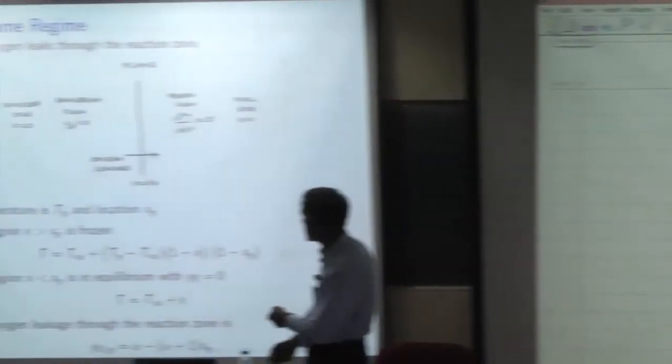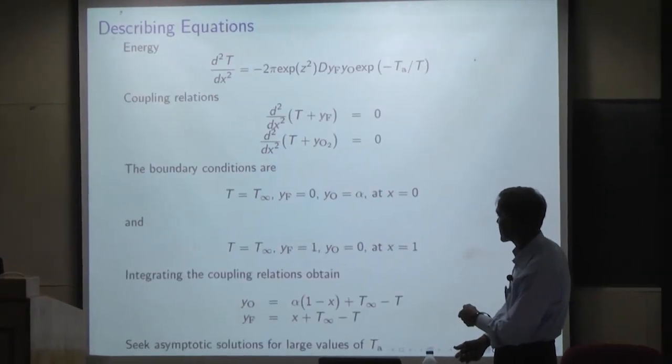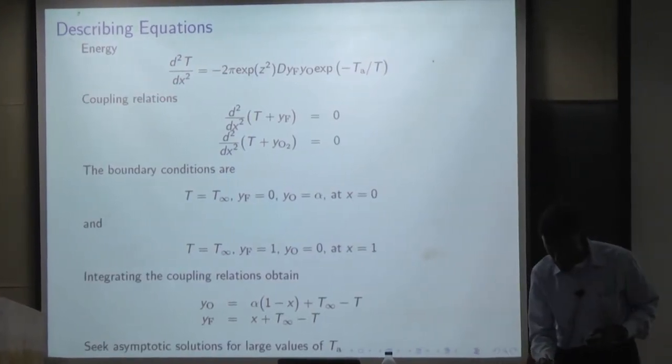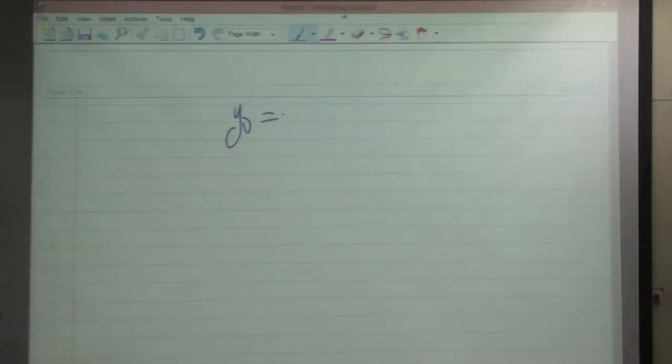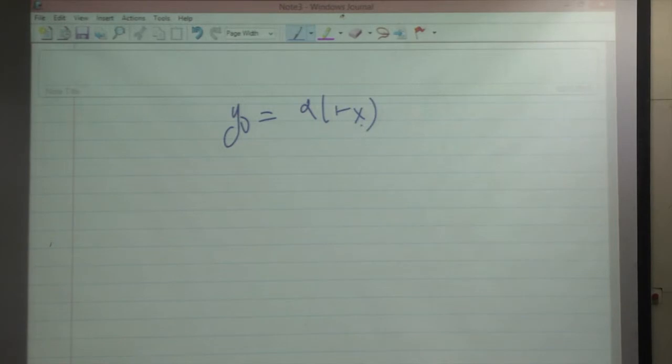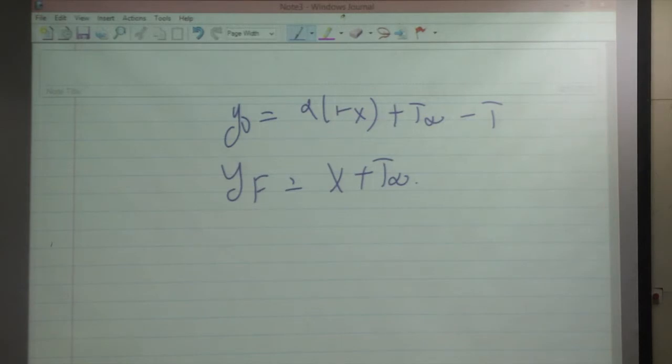Maybe I can just go to another page. If you look at the coupling functions, you can see that Y_O is given by alpha times (1 minus X) plus T infinity minus T, and Y_F is given by X plus T infinity minus T. In the regions where Y_O equals 0, the temperature T is alpha (1 minus X) plus T infinity.